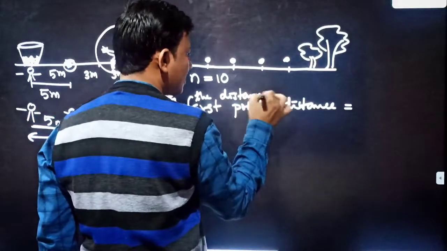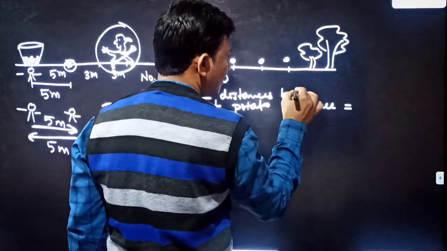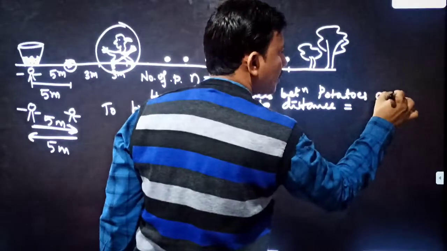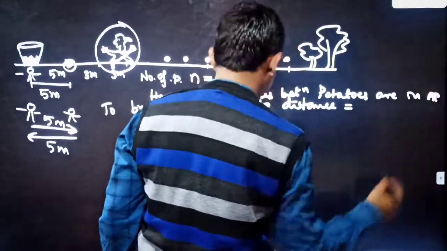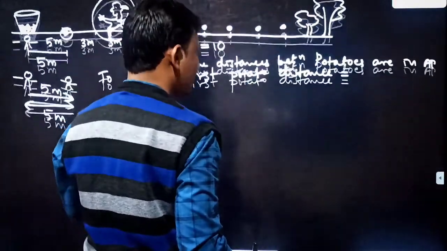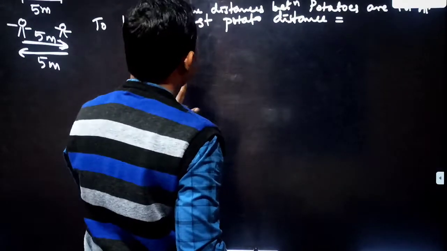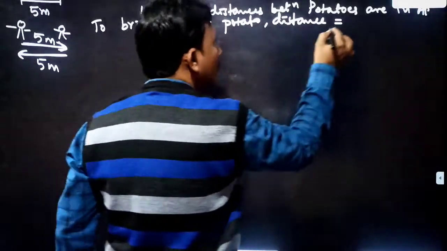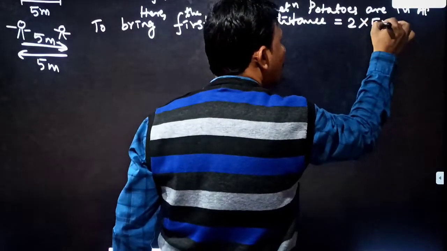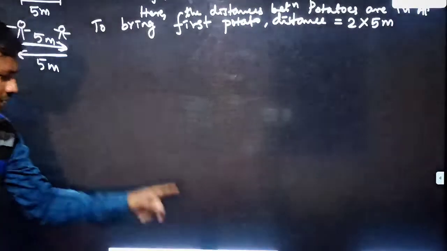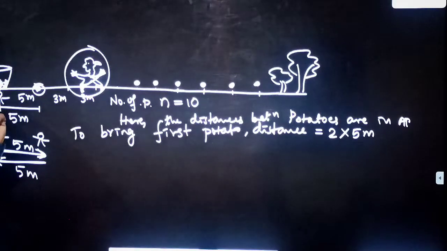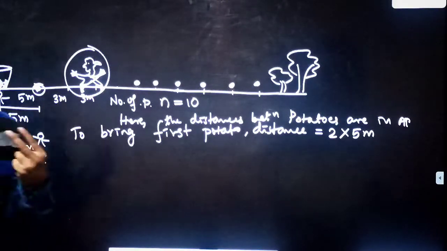That means to bring the first potato, what is the distance here? 2 into 5 meter. Correct? 2 into 5 meter. ಹೌದಿಲ್ವಾ? First potato 5 meter plus 5 meter. 2 into 5 meter, that is 10 meter.